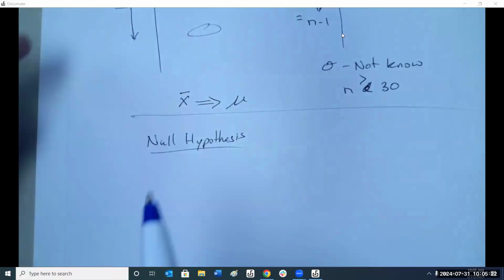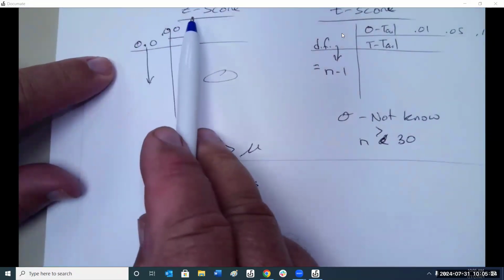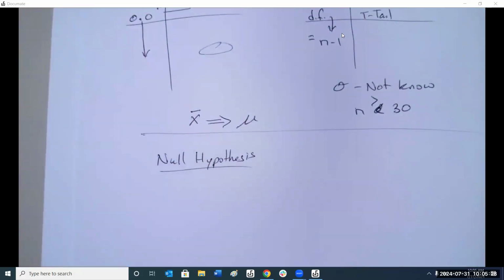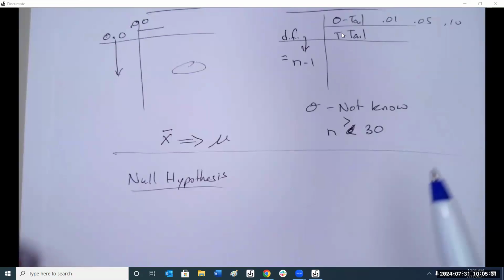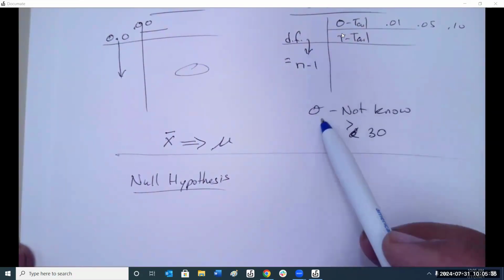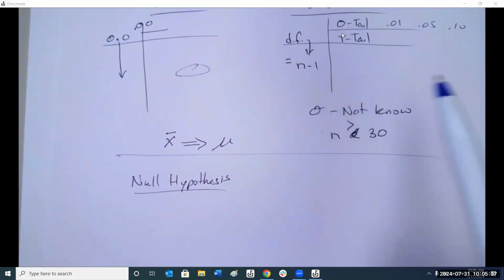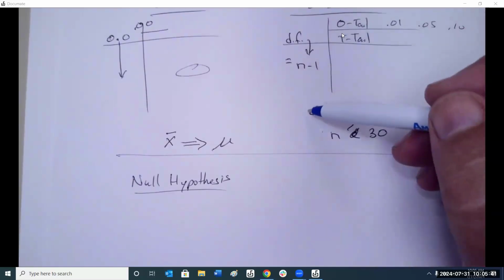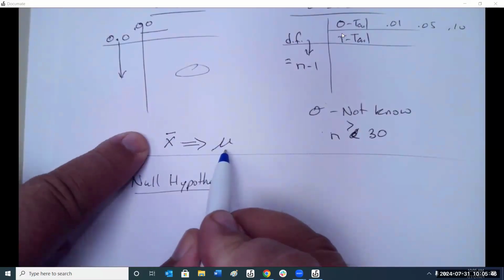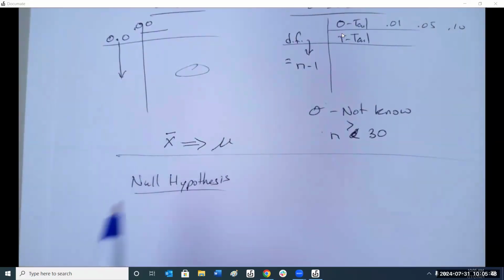So if we know anything about the population, we use a Z-score. But if we don't know anything about the population, we can have a large data set, but it's still maybe insignificant. If we had 3,000 people and we're trying to look at the entire nation, that's very insignificant.